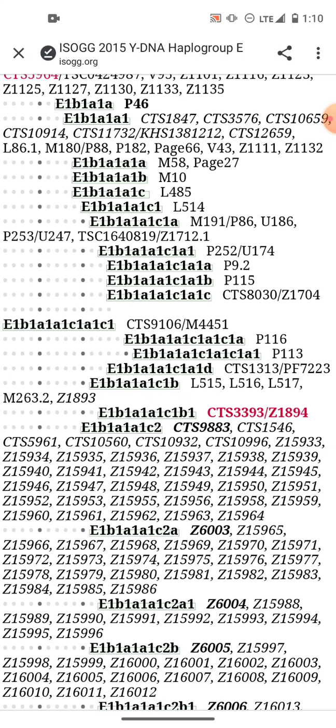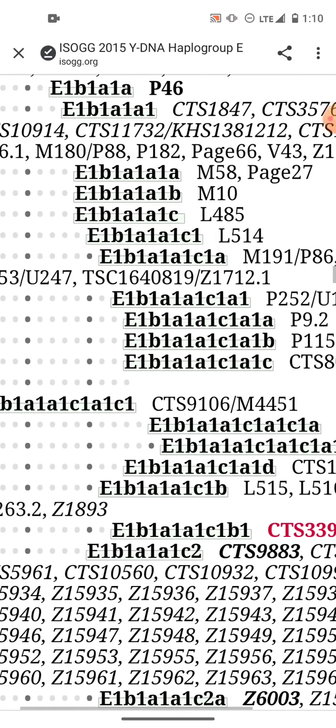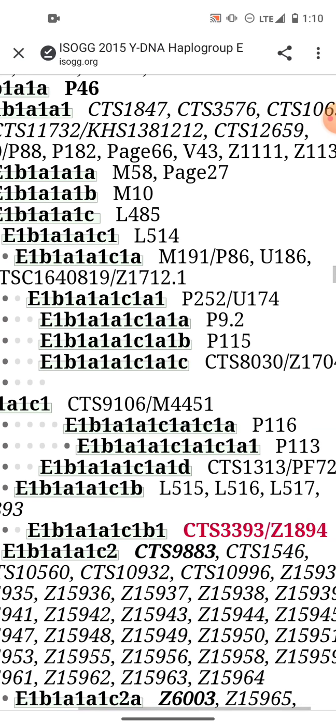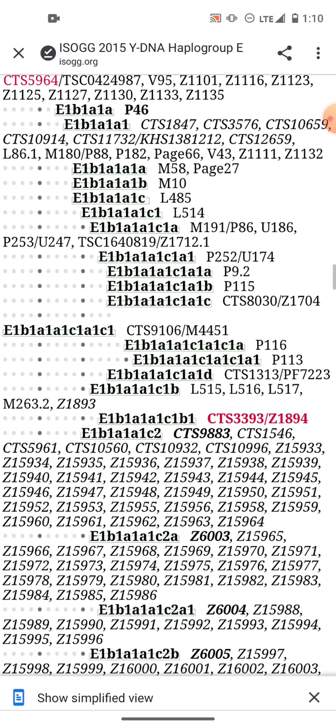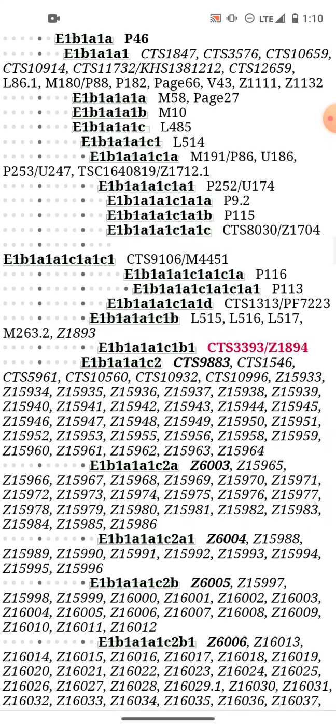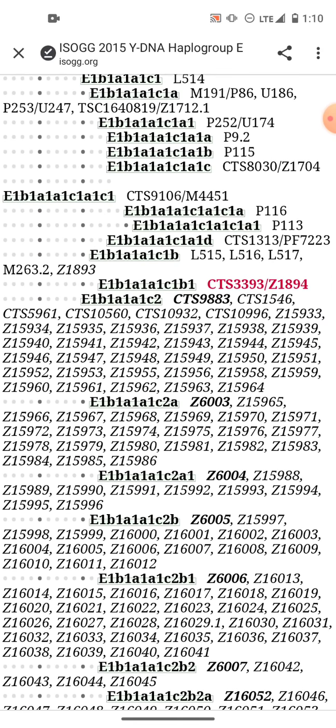So it said it would be right here by M180. So it wasn't. So we go back into looking at E1b1a groupings, and some of it is easy to read, some of it isn't. So I think they had a simplified version.